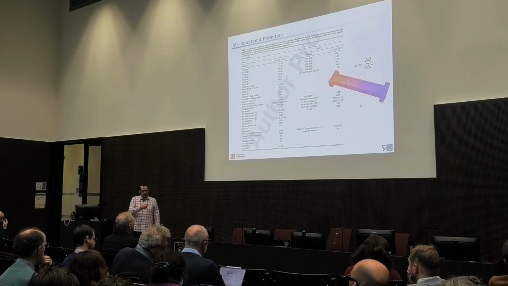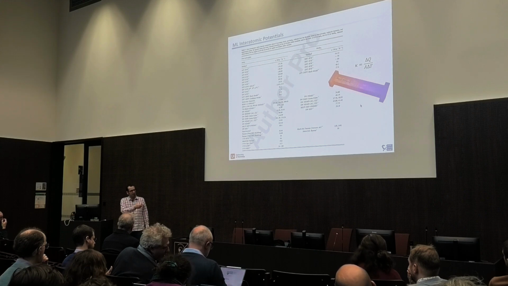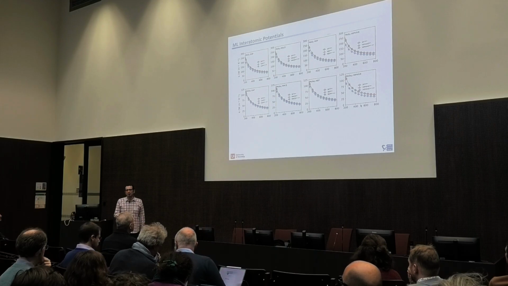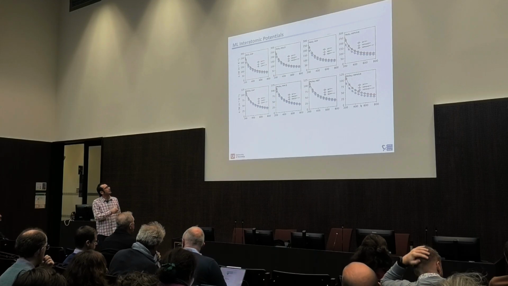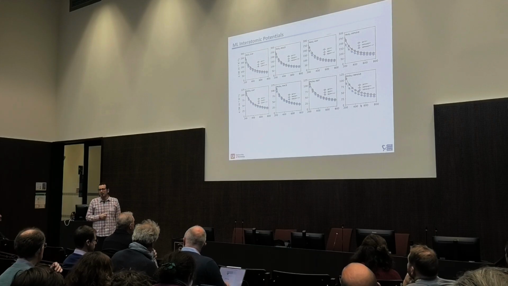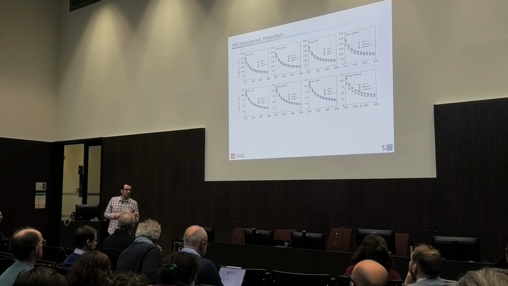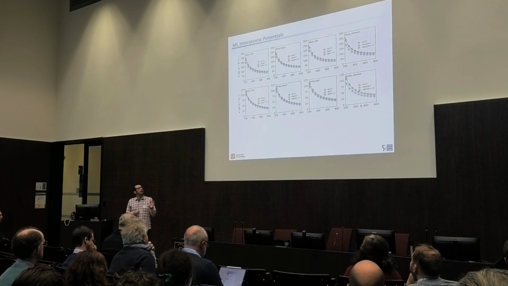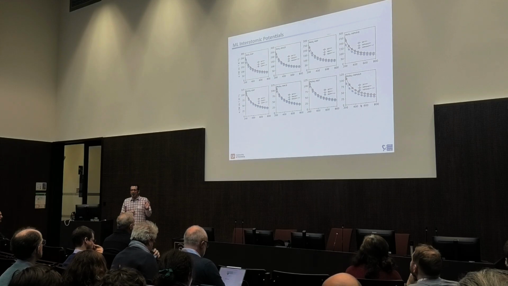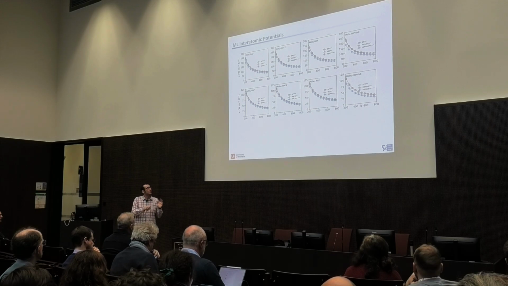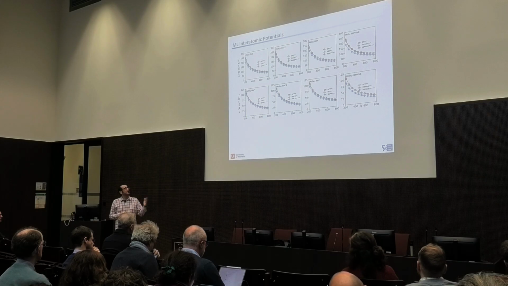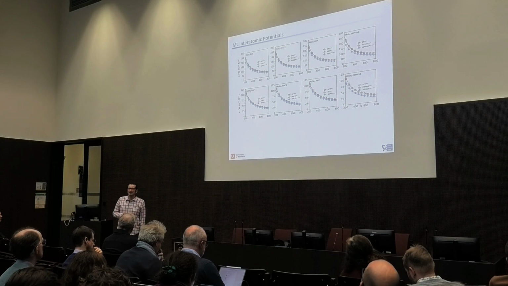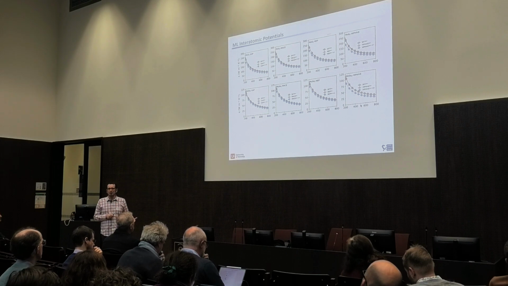And finally, by using these machine learning potentials, we obtained very good results, very good agreement with quantum mechanical based simulations. Then we compare these results with different techniques, and also with different potentials available in the literature.